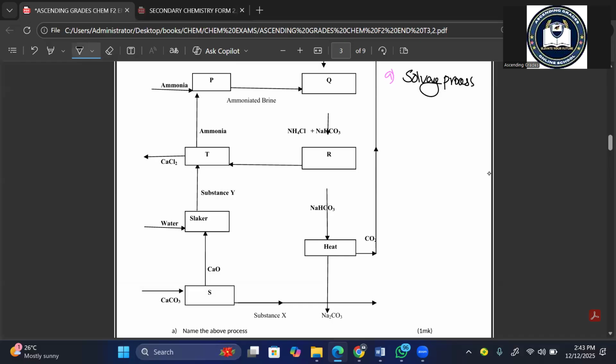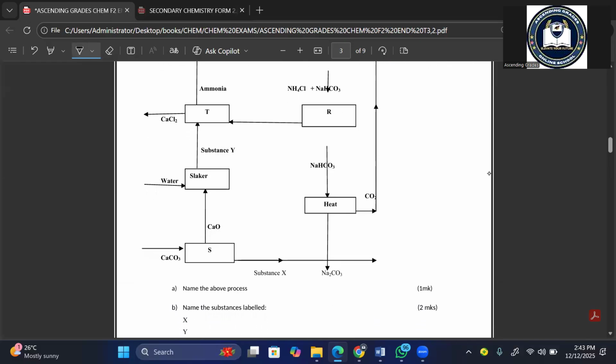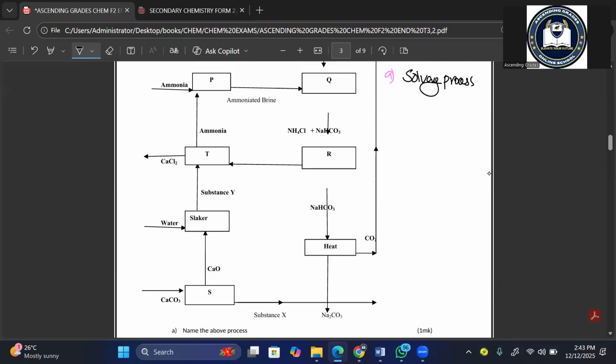Then we have the second question. Name the substances labeled X and Y. X and Y, where can you see them? This one. And where is Y? We have this.